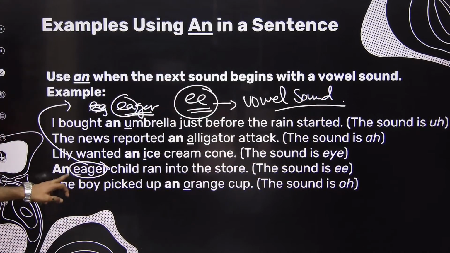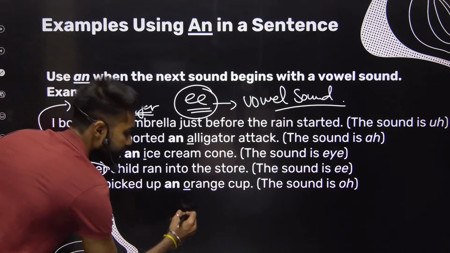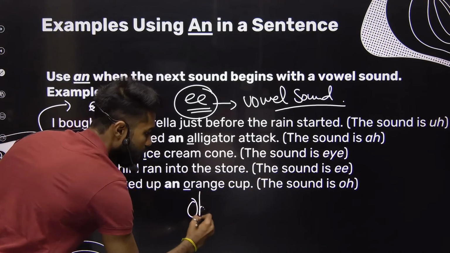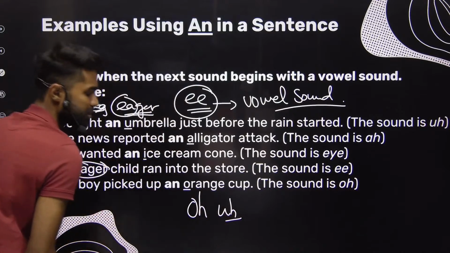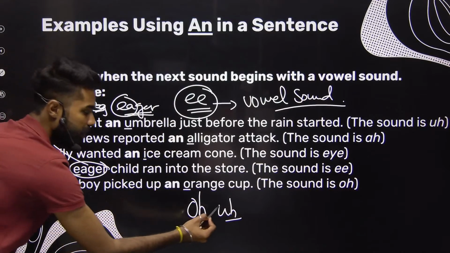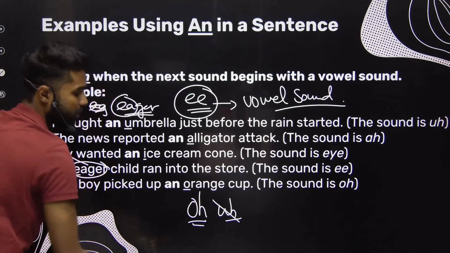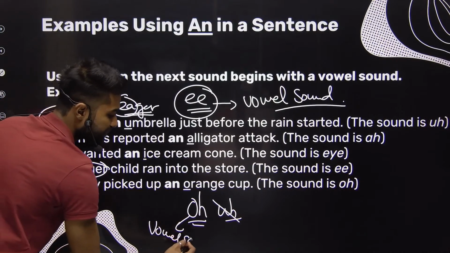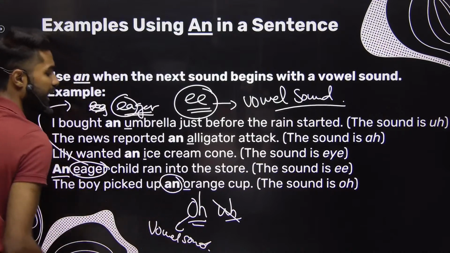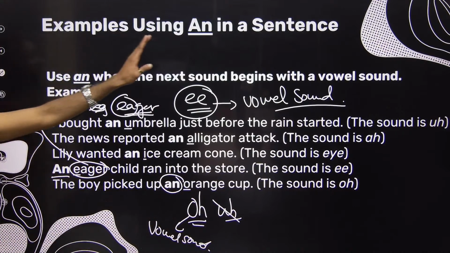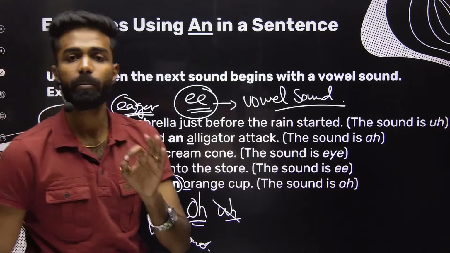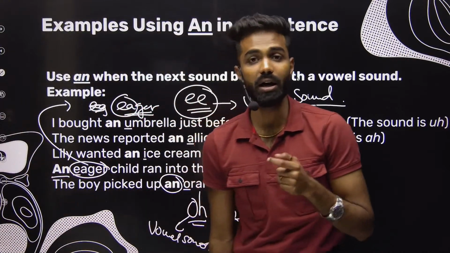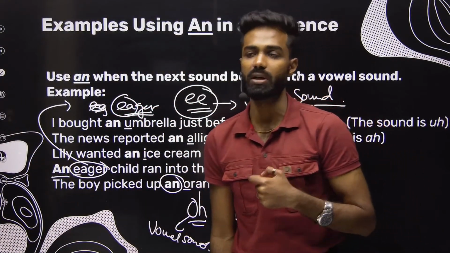It is a vowel sound. Again, I'm using an. The boy picked up an orange. Orange. O or O, whatever it is, but mostly we'll be using O. So this O is also again my vowel sound. So I'm using an before it. That's it. So an will be used only before a vowel sound. All right. And a will be used only before a consonant sound. That's it.